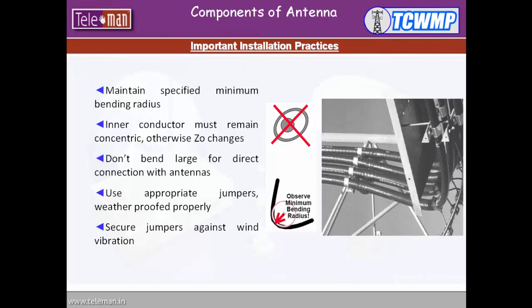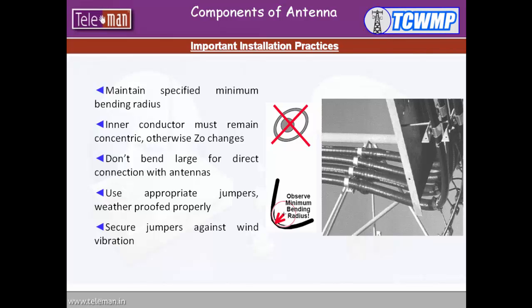In the antenna system, this is how the transmission lines connect to transmit and receive equipment. While installing, we should install in such a way that the inner conductor and the outer conductor are concentric. Otherwise, impedance will change. So don't bend this feeder cable or transmission line too much for direct connection with antennas. Use appropriate jumpers.